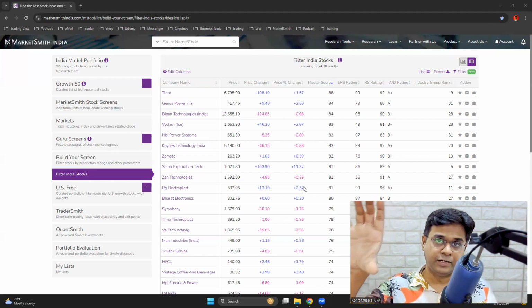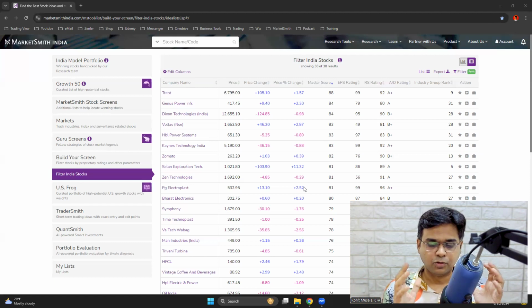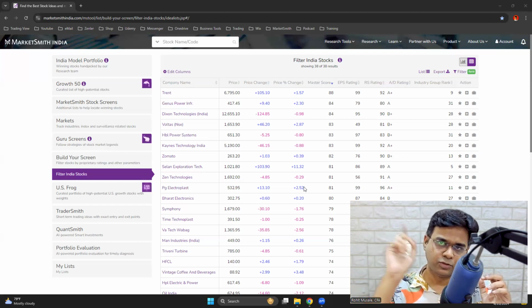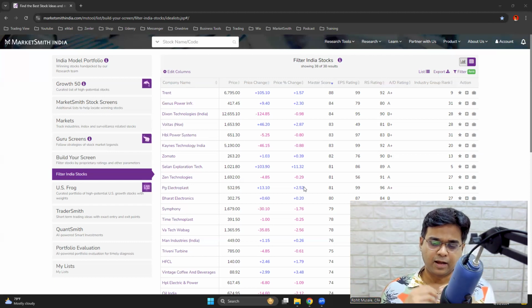They are the top 40 industry groups, which is top 20% of the best performing industries, correct? So if I pick stocks from those industries, I have a higher probability of success.